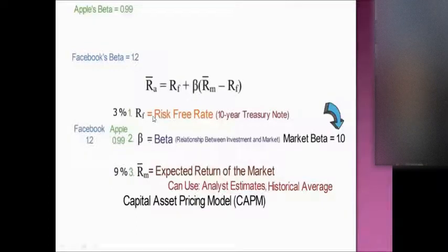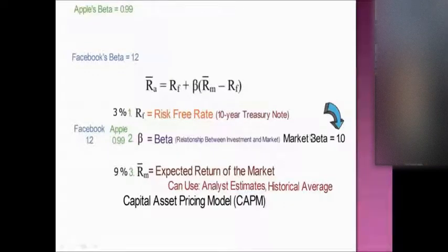Next, what is B? This symbol, class, is a Greek symbol that stands for beta. Beta here shows the relationship between our investment and the market. Like for example, we try to invest in a stock. In our example, it is the stock of Apple and the stock of Facebook.